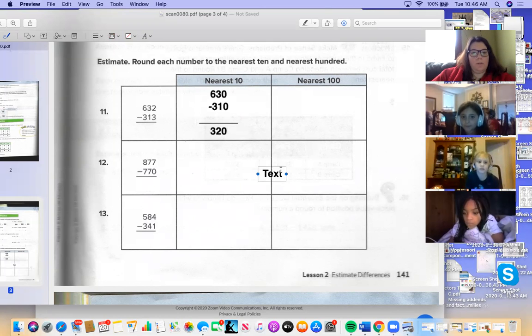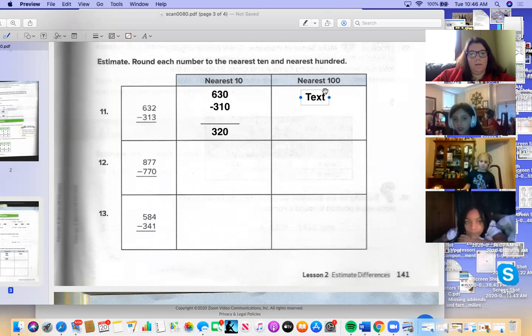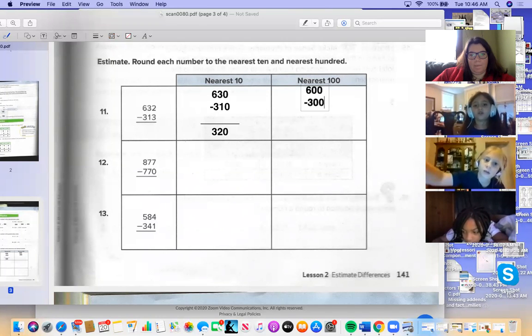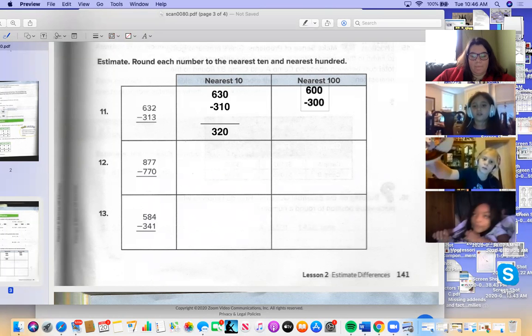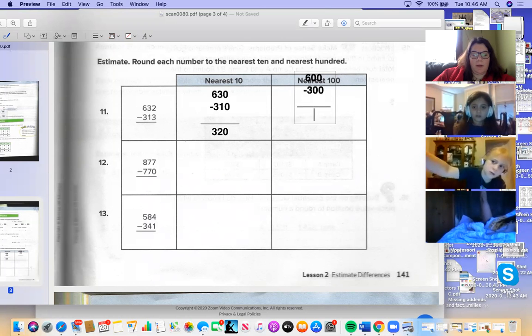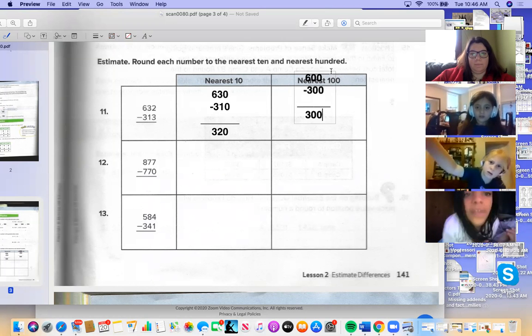Rounded to the nearest 100 would be 600 minus what, Athena? 300, rounded to the nearest 100. 600 minus 300 is 300.